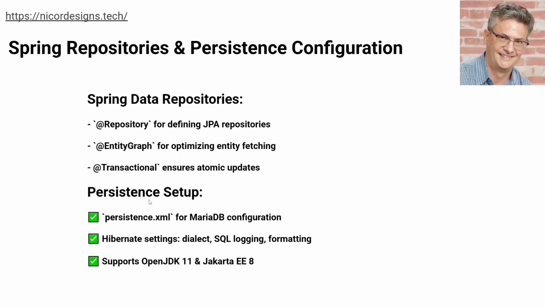To set up our persistence, we will use a persistence XML for our MariaDB configuration. We will set up our Hibernate dialects, SQL logging and formatting, and we will ensure that we support OpenJDK 11 and Jakarta Enterprise Edition 8.